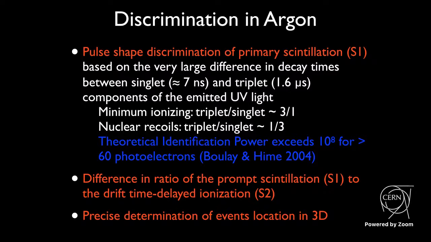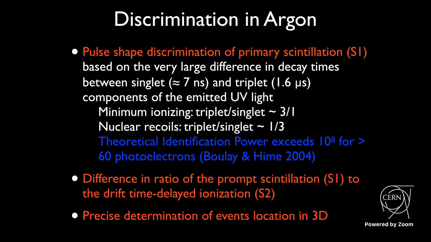In the case of argon, it's a fact of nature that the singlet and triplet are very substantially different in terms of the time of emission: 7 nanoseconds and 1.6 microseconds. In addition, there is a very strong imbalance in the population of these two channels, depending on the ionization density. For minimum ionizing events, the ratio of triplet to singlet is 3:1. For the nuclear recoils, the ratio of triplet to singlet is 1:3.